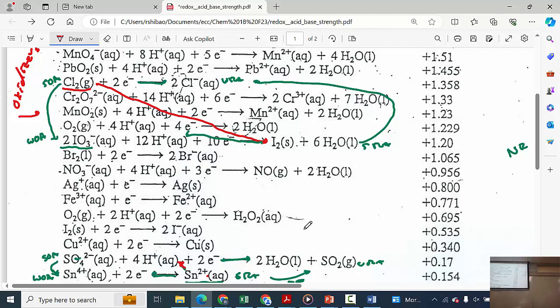What experiments are we doing? 5, 6, 7. You know the ones that I had numbered last time? Did you guys write down the numbers?